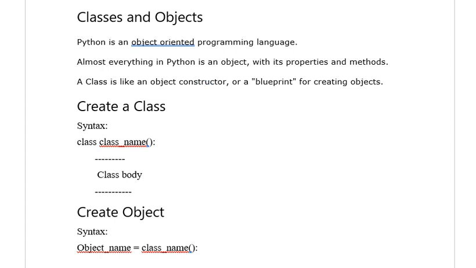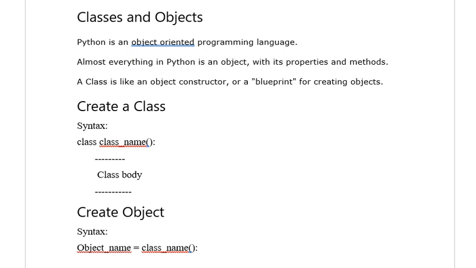In my previous video, I already explained how to create the class and how to create the object. To create the class, we use the class keyword, the class name, and the body of the class. After defining the class, it is mandatory to create the object.